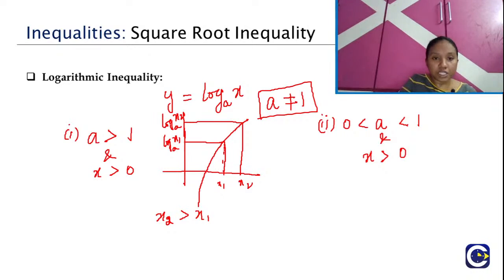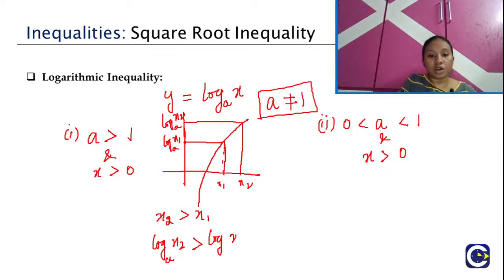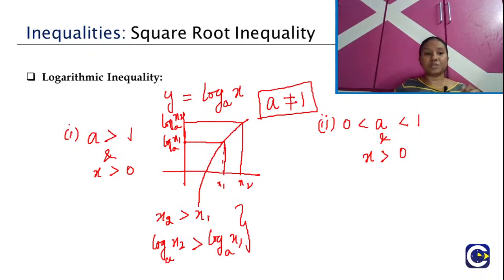For the same thing here, you can see x1 is before x2, which means log x2 to the base a is again greater than log x1 to the base a. Is there any change in the inequality? No, right? Which means whenever the base of a log function is greater than 1, there is no change in the inequality.